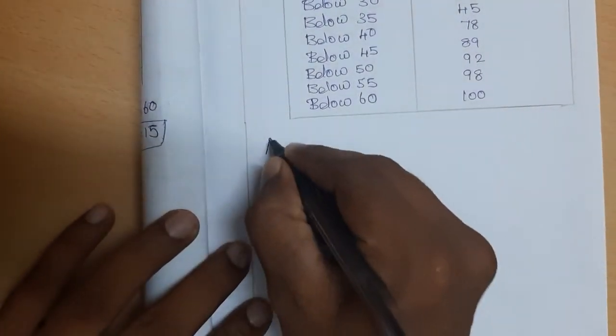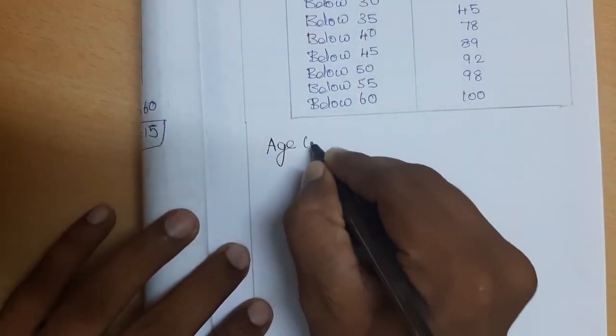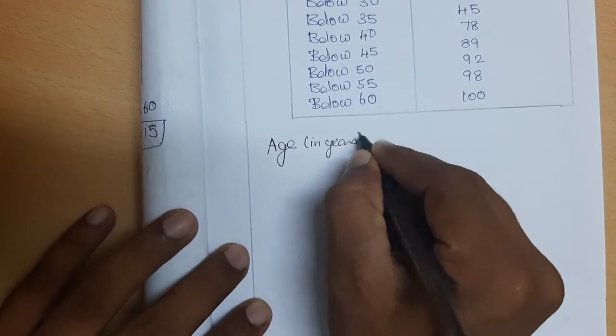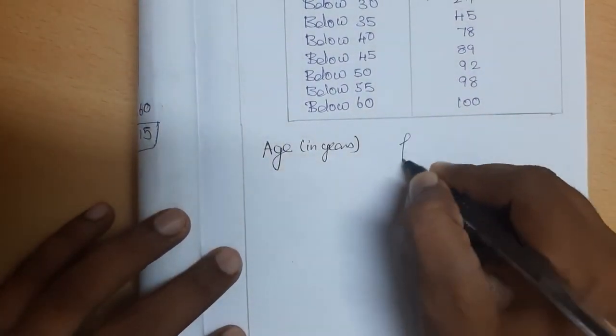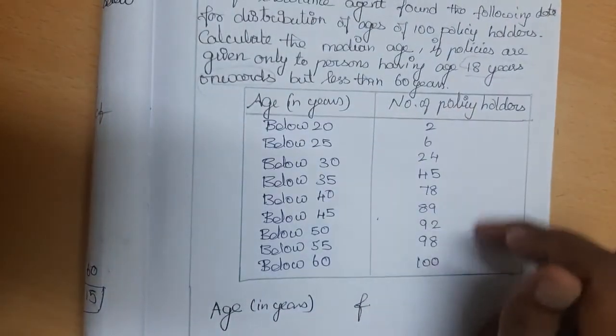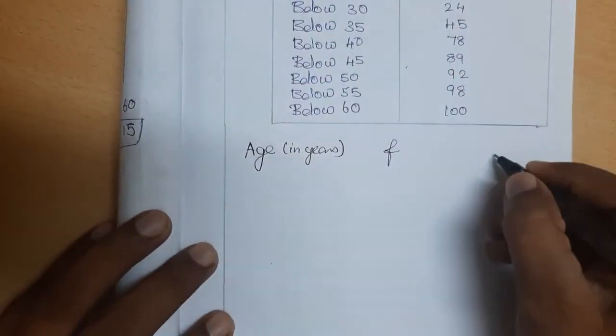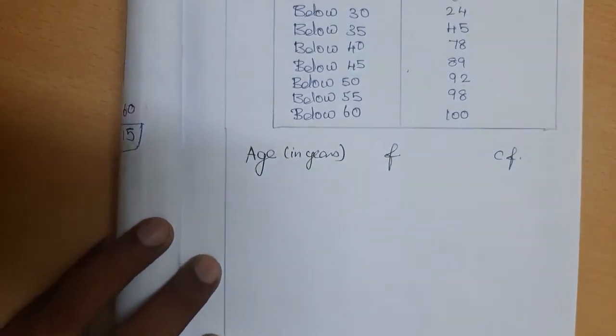The first column will be the age in years, that is the class interval. That's why we need the class interval, to find the lower limit. Next, frequency. Actually, here it is given as a cumulative frequency.